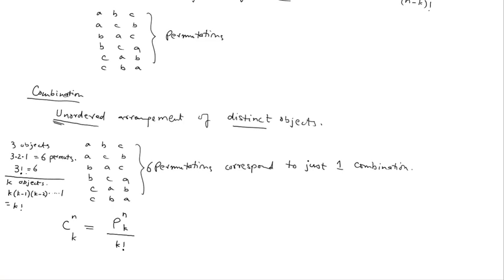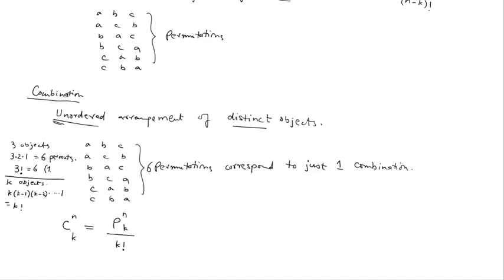Yes, sir. And for the 3 objects example, we said that all of these permutations, since they contain the same 3 objects, correspond to one combination, right?